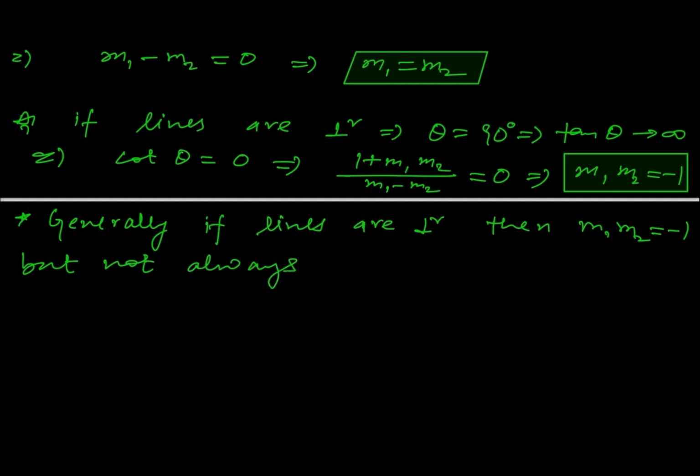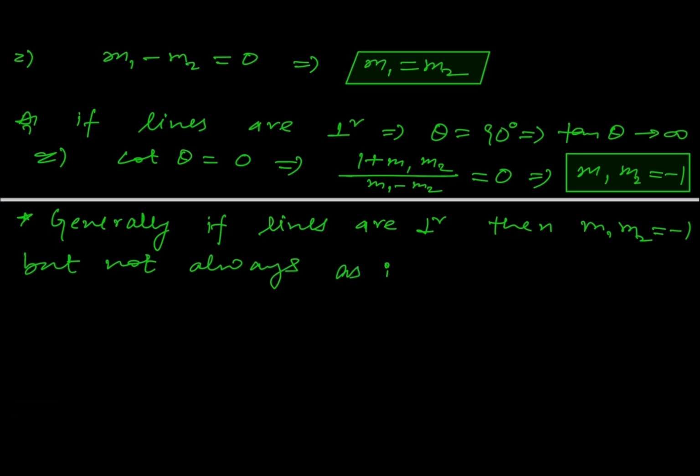It is not always true that if lines are perpendicular then m1 m2 is equal to minus 1, as in the example or figure which I am going to draw. There are two lines, this and this. These are perpendicular. One is parallel to x-axis and one is parallel to y-axis.